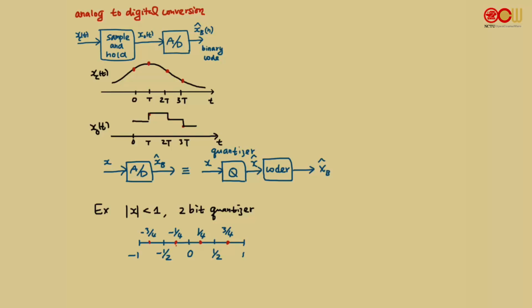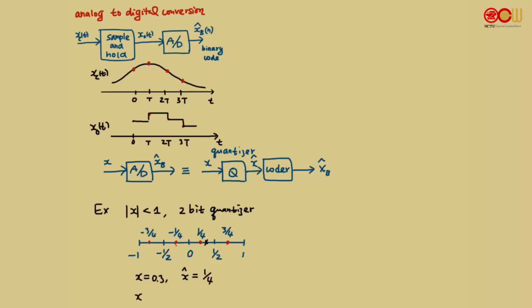So, for example, x is equal to 0.3. Which cell does it fall into? It falls slightly above 1/4, so it's right here, and it's quantized to 1/4.